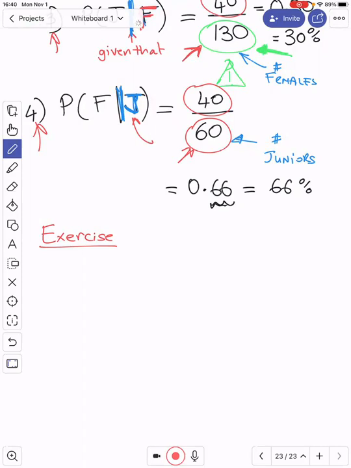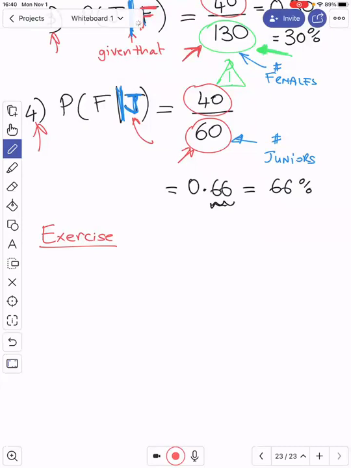I think it's exercise 31, page 224. Anyway, I'm going to write out the exercise.